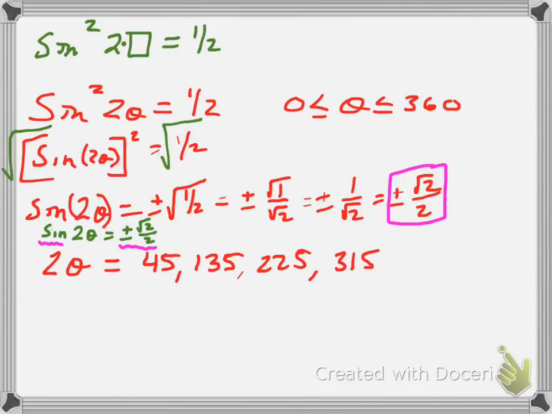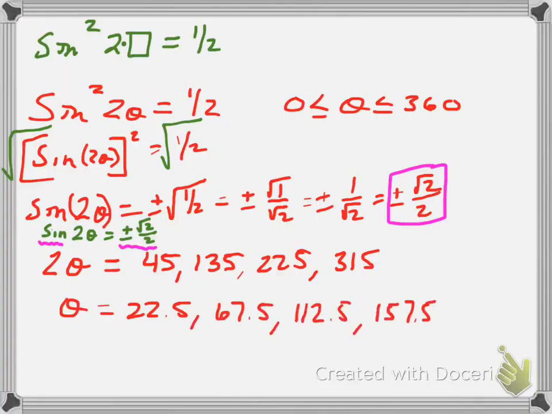And now the final step to get the theta by itself is to divide by 2. So we're going to divide all those angles by 2. 45 divided by 2, 22.5. And then you just keep on going, dividing them all by 2.